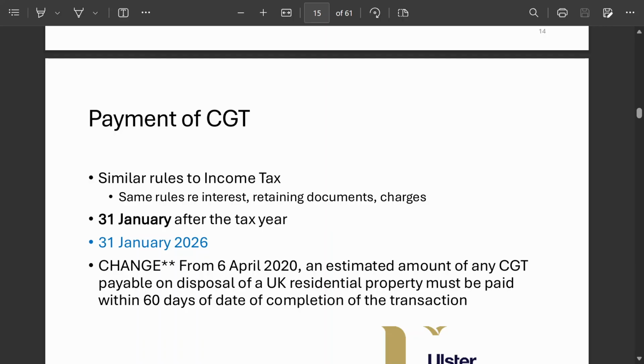But any kind of UK residential property sale, then you can't wait for the next 31st January. Then the rule is you have to inform the tax authorities and pay the tax within 60 days of completing the transaction, right?